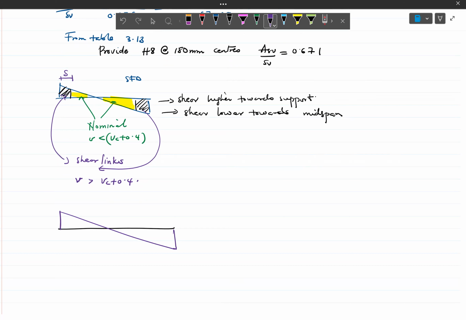From our calculations, with this particular question, the shear stress where the shear force is maximum is 1.45. So this is a shear stress diagram, just to explain the concept.